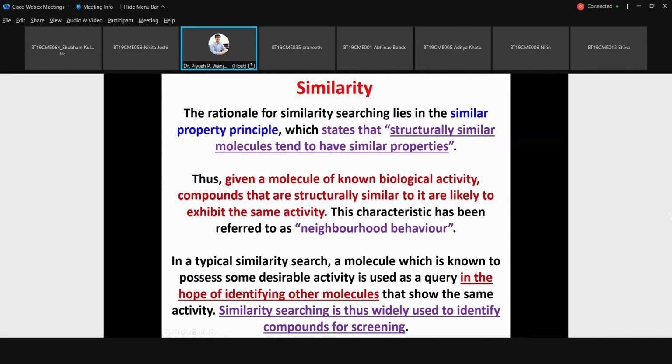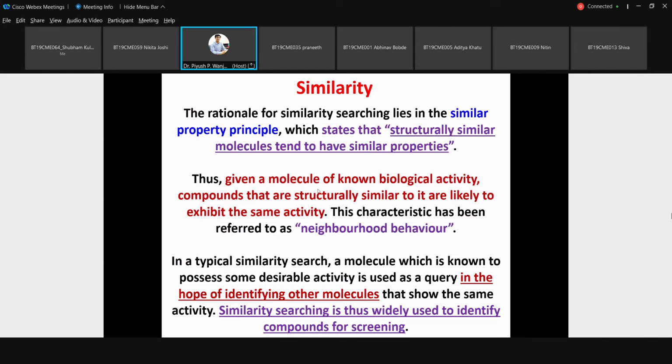So this is the concept, because based on the answer that you have given me for assignment number 3, you have a compound with an activity of 22.78, and for that you will try to identify a similar compound. Why will you choose that compound? Because you internally know that structurally similar molecules will have similar properties, and this is very well known.